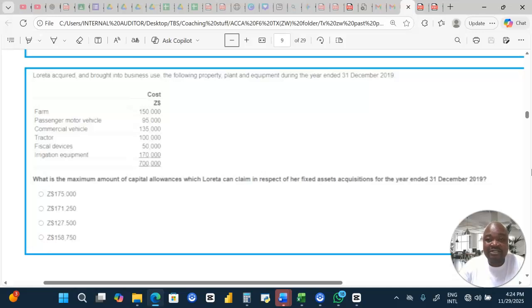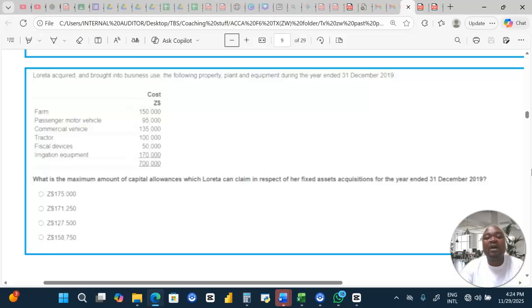Like I said, just tell us off, it's 2024. We have got farm, 150,000, passenger motor vehicle cost, 95, commercial vehicle, 135, tractor, 100,000, fiscal advices, 50, irrigation equipment, 170,000, and the total came to 700,000.